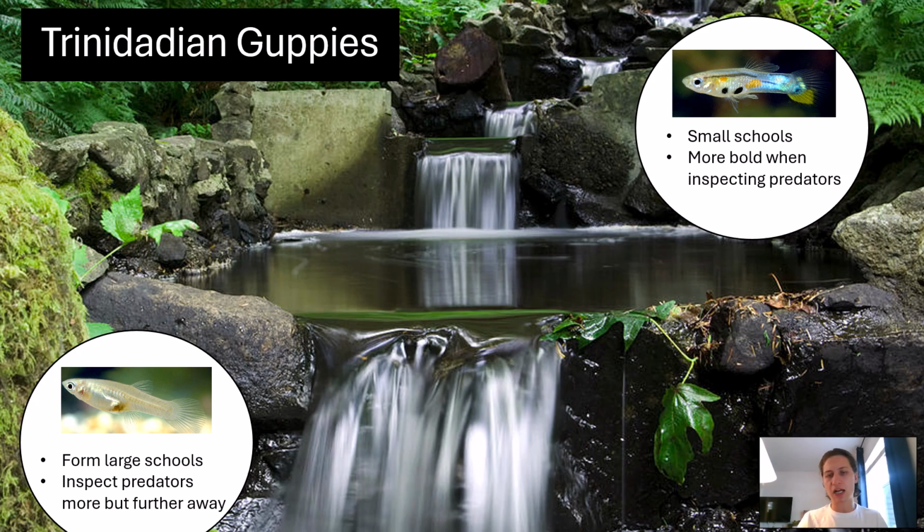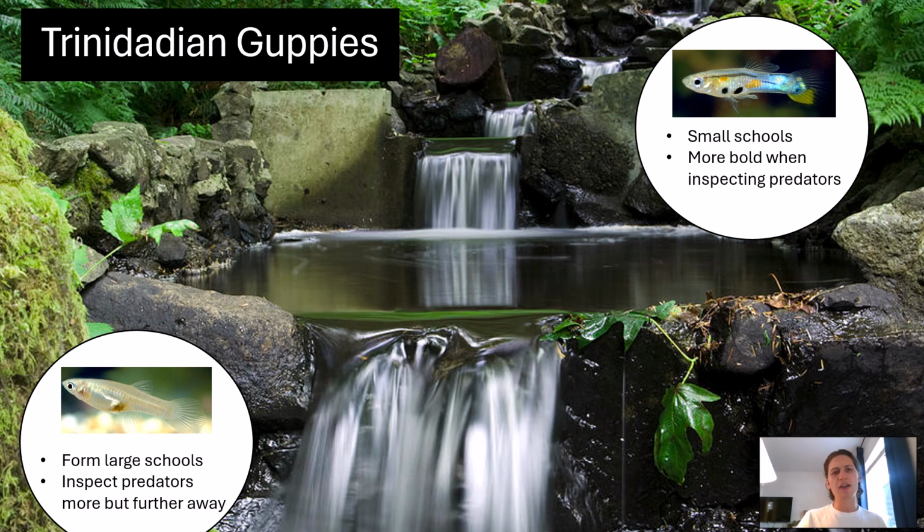Compared to that, the guppies that live downstream form much larger schools. Once again, that makes sense, right? The larger the school, the bigger you appear to a predator, the less likely you are to be predated. It's strength in numbers. But they also are way more cautious when it comes to inspecting predators, and they often do so more frequently, but they make sure they keep their distance.